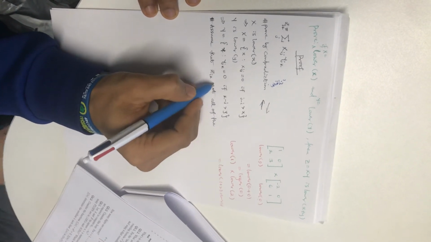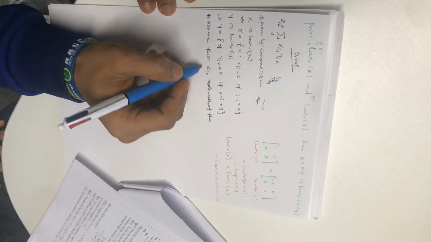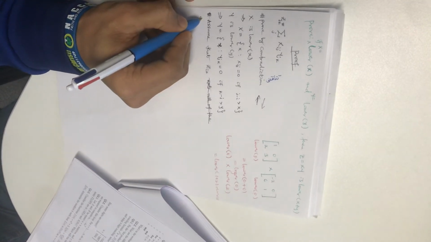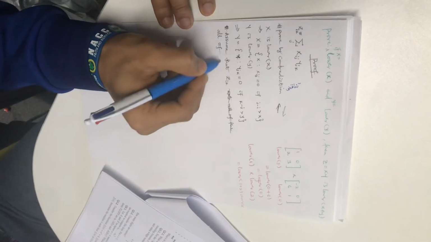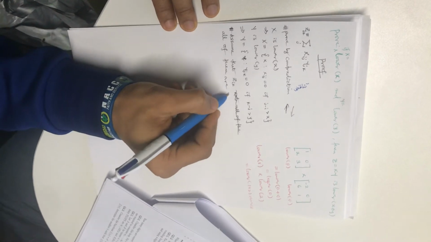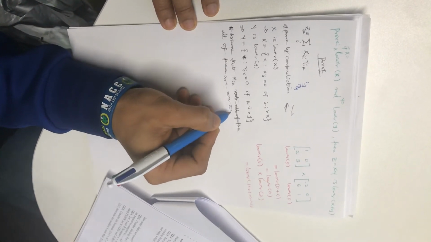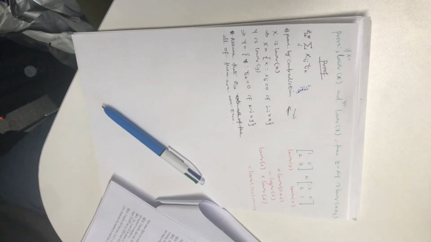I want to assume that for z, all of them are not zero. Assume that all of them are non-zero.